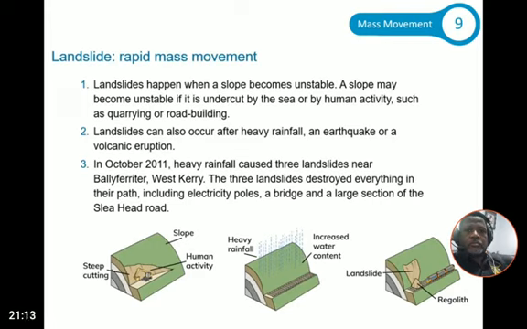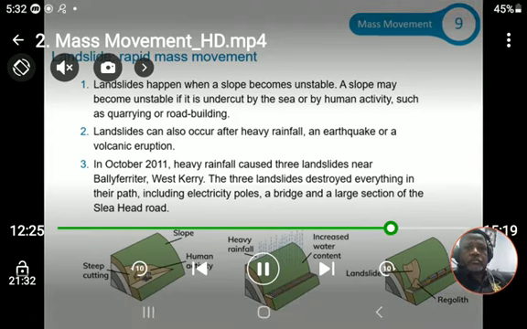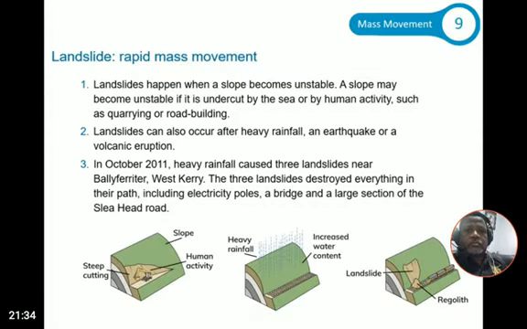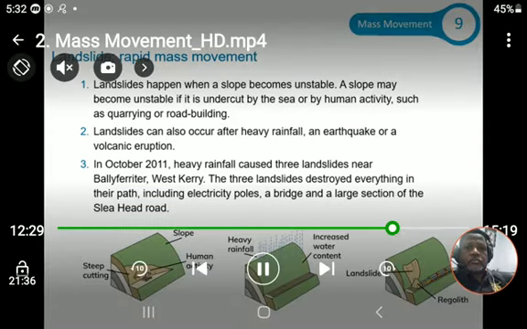Just to note in point 3, we do have our case study in West Kerry. The 3 landslides destroyed everything in their path, including the electricity poles. There was a bridge that collapsed and a large section of the road that you can see in the diagram below. So between the video and this case study here, it just shows you how dangerous a landslide can be.